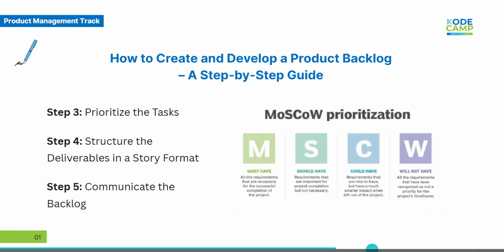Now we can come to the core of backlog development, which is user stories. You've listed the tasks and prioritized them, but to make this backlog useful to developers, designers, testers, and every other member of the team, you all need to speak the same language, and that language is the user story format.